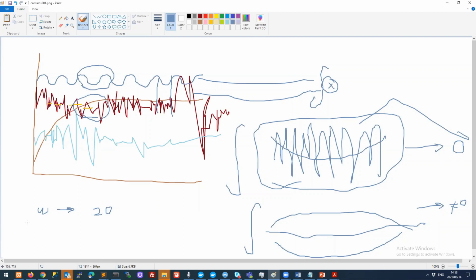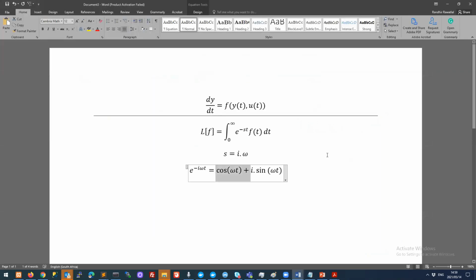So let's say the frequency was 50 per minute, and then you figured out, well, I was there 20% of the time. My system was jumping around at 50 jumps per minute 20% of the time. And you see, then you can change omega to another value. So you can try 80 per minute, and then you figure out, okay, it was 15% of the time, close to 80 per minute.